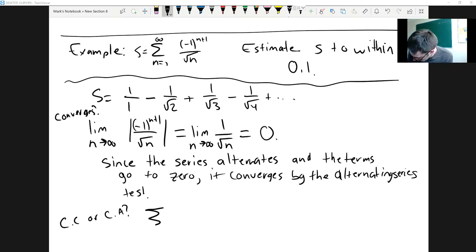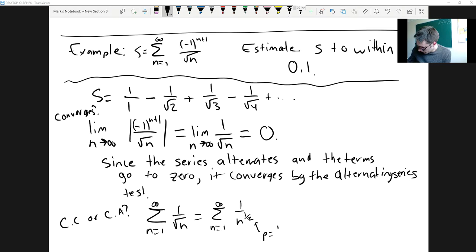And so what we need to do is look at the series where you make all the terms positive, which would be 1 over root n. And notice that is just a p-series with p equals 1/2. And if you remember our p-series test, that is less than or equal to 1, so this diverges.